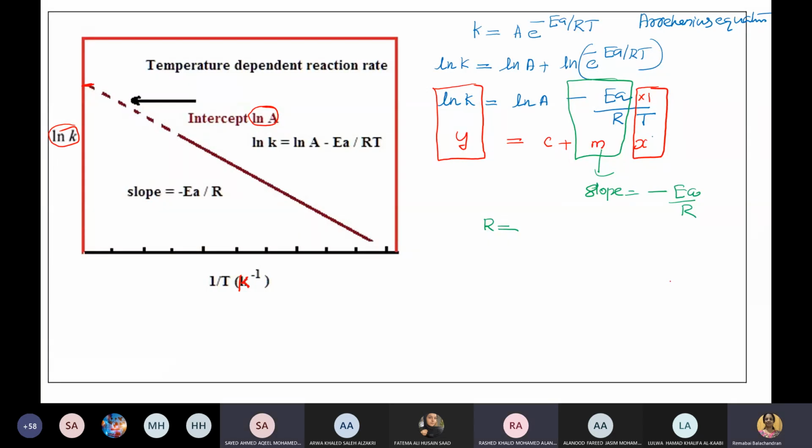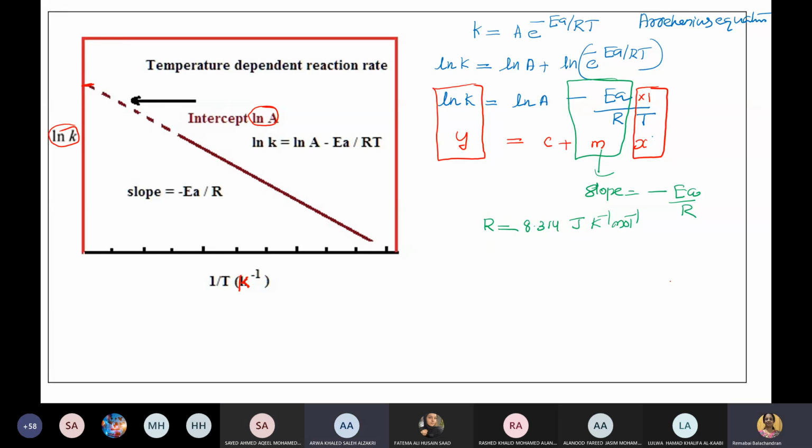So it will be 8.314 joule Kelvin inverse mole inverse. Is it okay? Did you understand? Yes. Okay. So now experimentally, if you did this in the lab, it's easy for you. Experimentally, you can find the value of slope. You know the value of R, so you can find the value of energy of activation. Is it okay?